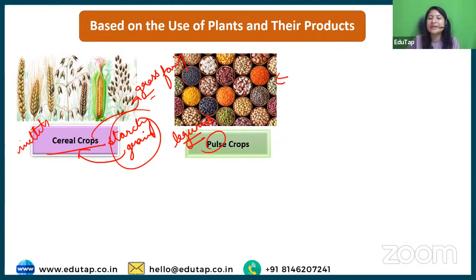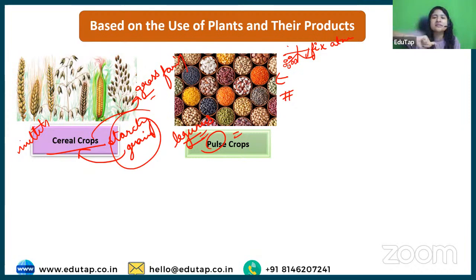And there is one more important feature of these legumes or the pulse crop, that is these plants have the ability to fix the atmospheric nitrogen into the soil. देखो what happens, they don't directly fix it, actually the roots of these legumes are in association with bacteria. ठीक है, now there are different types of bacteria, free living, symbiotic.